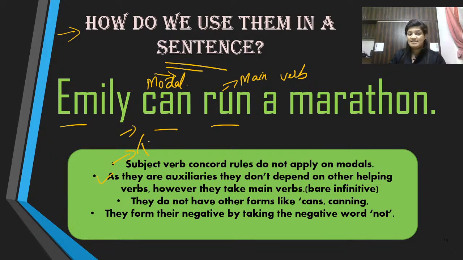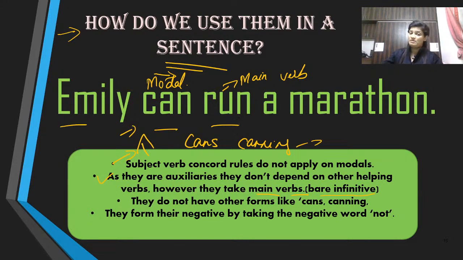The first thing is it doesn't apply. The rule of subject and verb agreement doesn't apply to modals. You cannot say cans, or you cannot even say canning. The other forms are also not applicable over here. As they are auxiliaries, they do not depend on other helping verbs. However, they may take main verbs, which are bare infinitives.